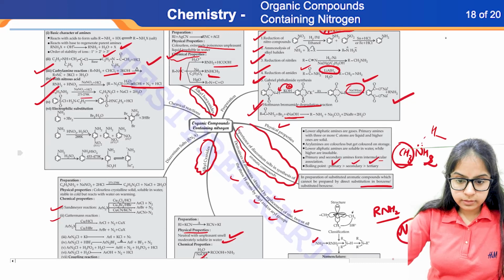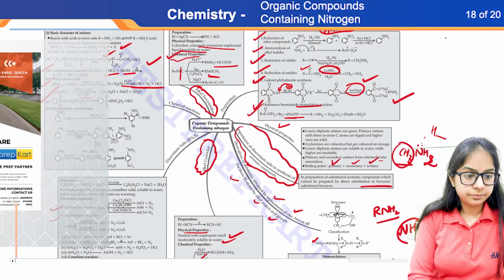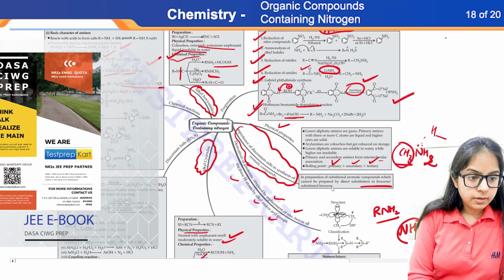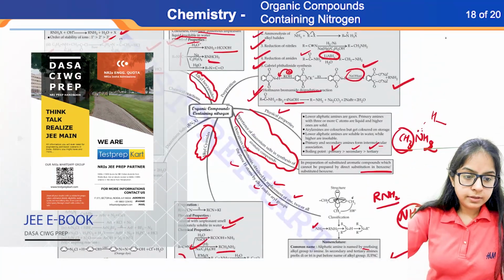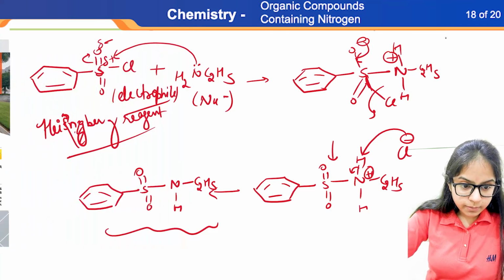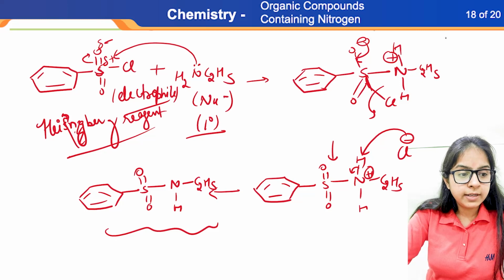Now remember regarding the electrophilic substitution reaction. Firstly, I want to tell you another thing about this, for the primary amines. Hinsberg reagent is used for the detection of 1 degree, 2 degree and 3 degree amines.